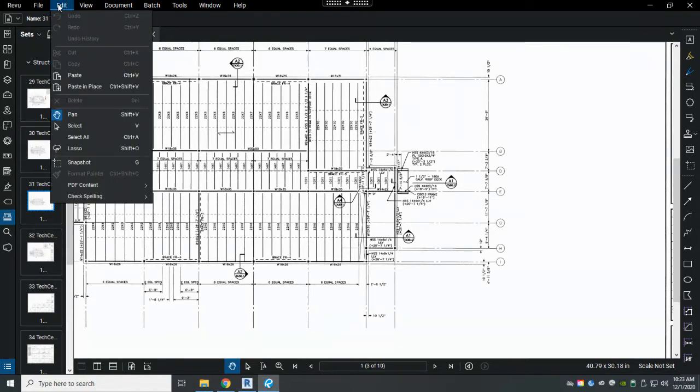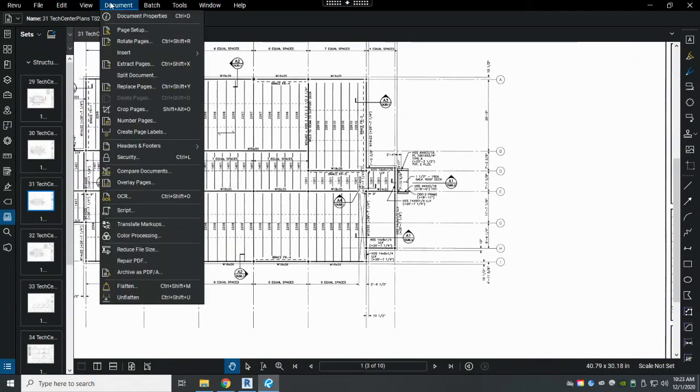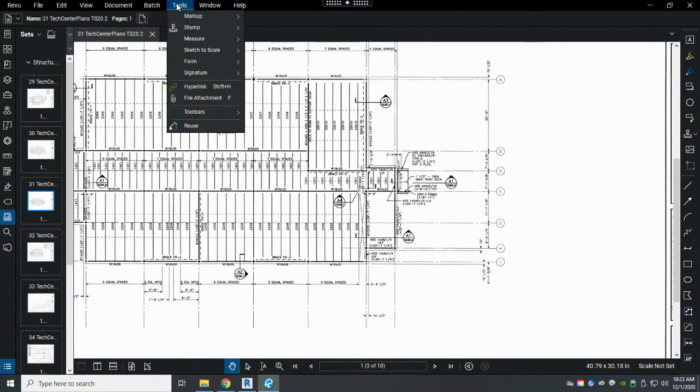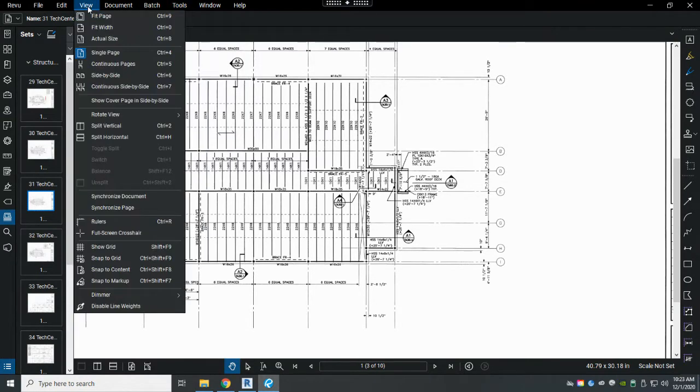Edit, rotate. Let me see here. I'm kind of new to this PDF reading system, so I'm trying to find out where I can make changes. I bet you it's this one here. Page fit, actual size.